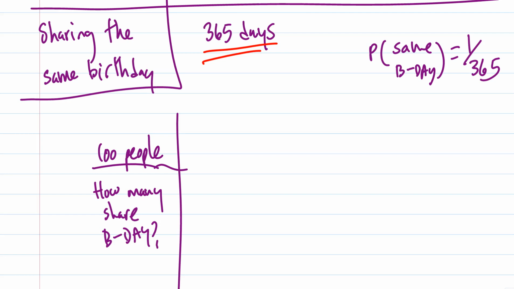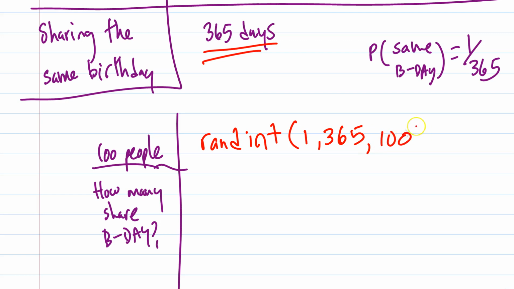Well, let's see. So we could simulate 100 people. So we could do random integer. I want to generate a number between 1 and 365. Those would be the days of the year, right? And I'm going to do this for 100 numbers. I'm going to go ahead and do this on a list this time, okay?